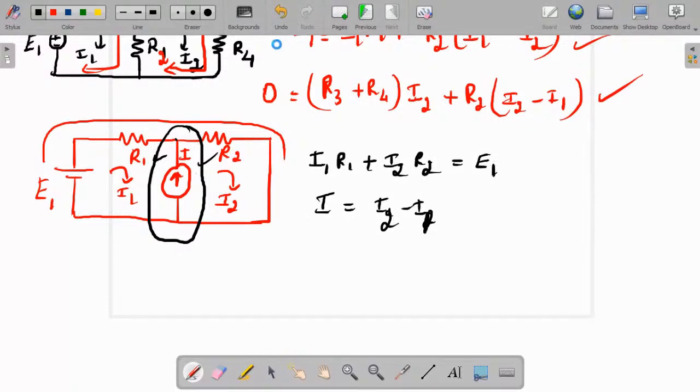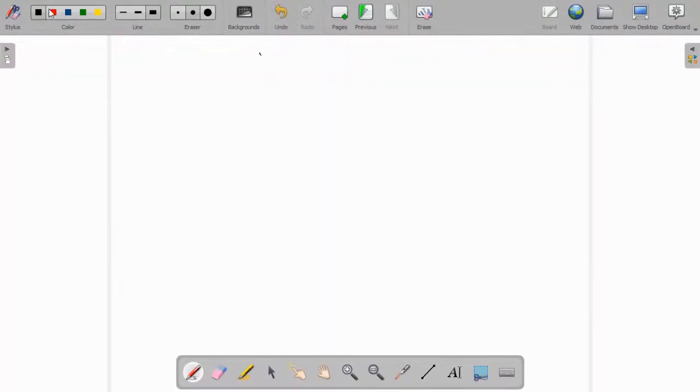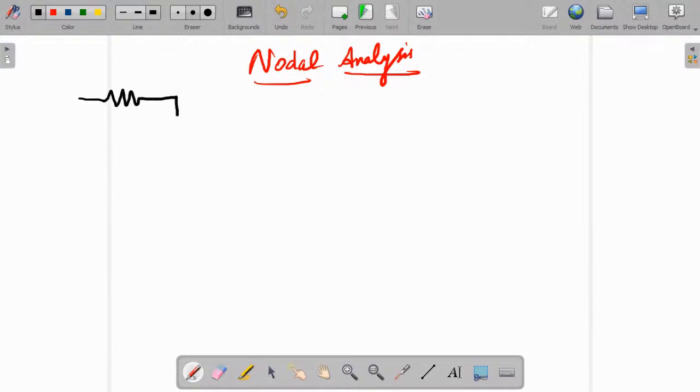Next, let us see nodal analysis. I will explain nodal analysis also with a simple circuit.